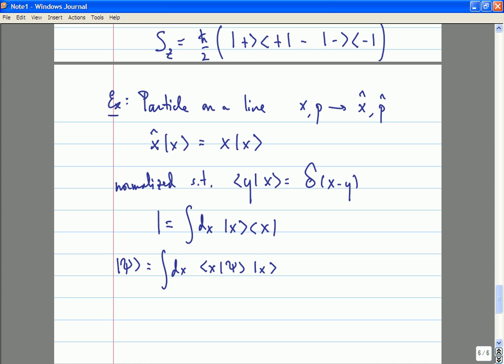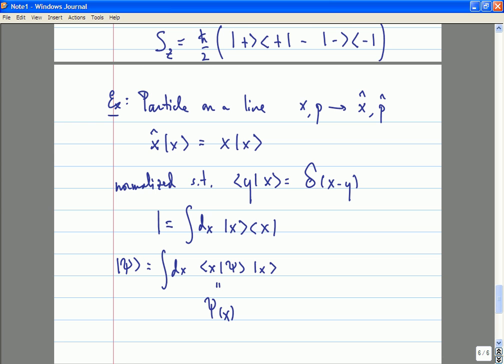And the overlap between x and psi, the inner product between x and psi, is the thing that we usually call psi of x. I will, in this class, mostly use the notation of the inner product between x and psi rather than the function psi of x, because it makes the Hilbert space structure a little clearer.